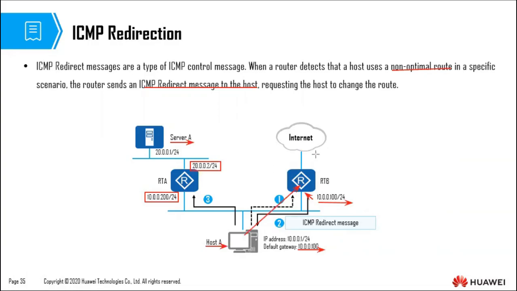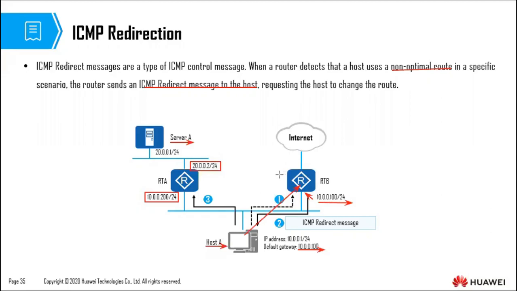Now, if that particular server was on the internet, then this router would simply send it out to the internet. But this time, this router knows that if you want to go to the 20 network, this network is within our local network.